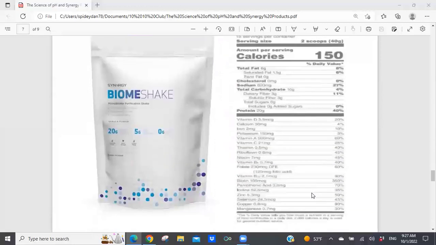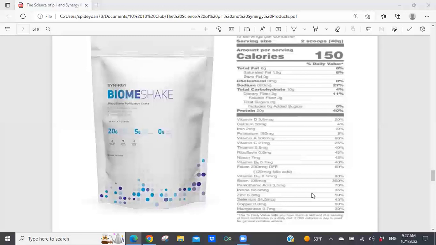The Biome Shake would be, again, another great product because the Biome Shake uses pea protein as opposed to animal protein. So it's a vegan, vegetarian protein that, again, when it's burned, is going to leave an alkaline ash, which is then going to help in terms of providing a great environment to help you maintain that acid-alkaline balance properly.